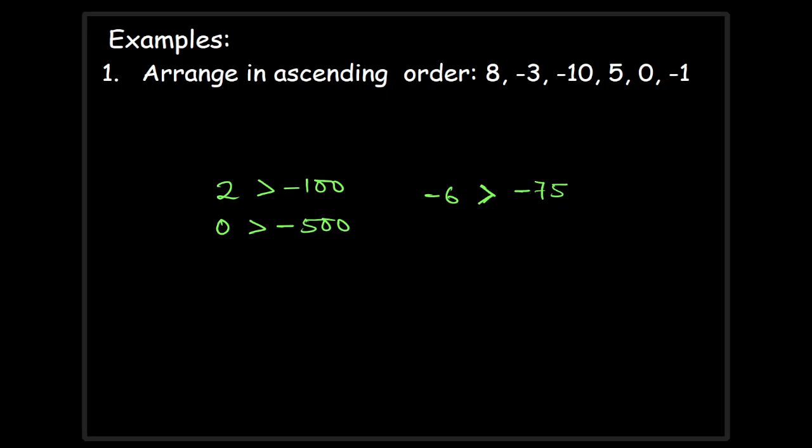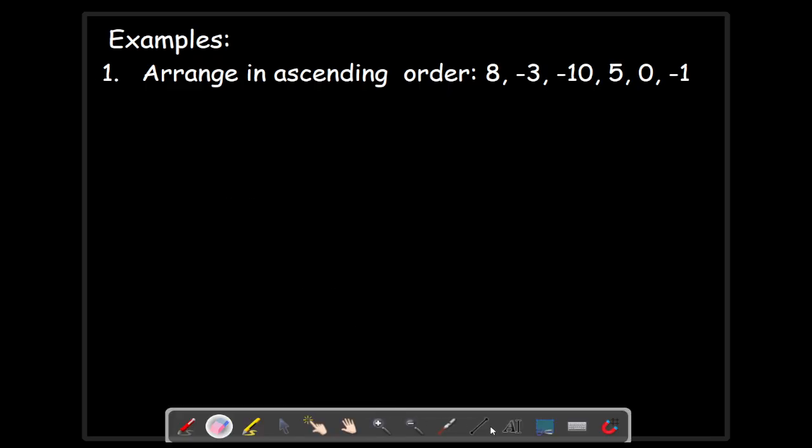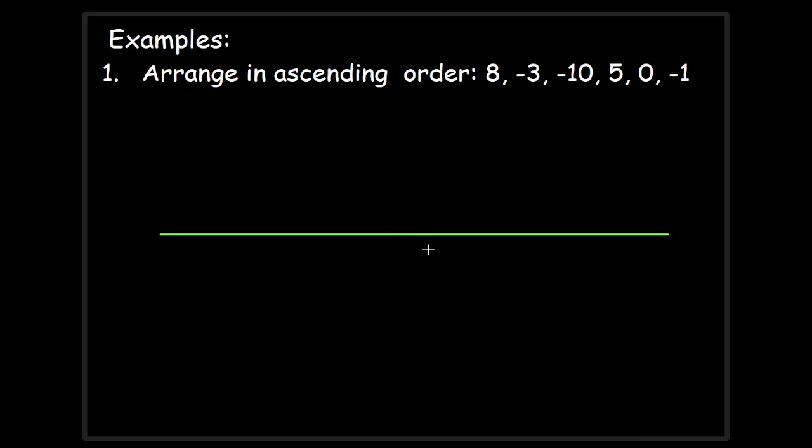Now there's something we normally call a number line. Let me just explain that a bit. So a number line comprises positive and negative numbers, and at the center of it is your zero.